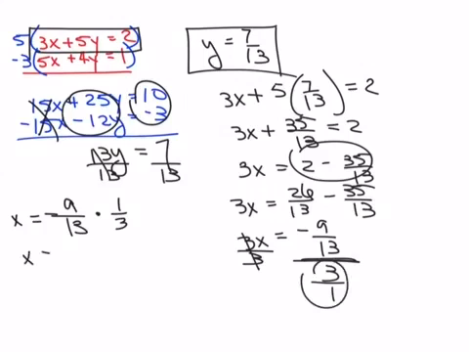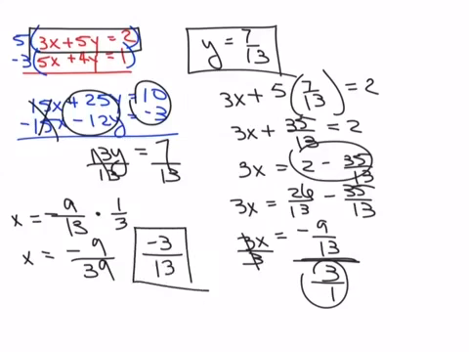So x equals negative 9 over 39, which, if you were to try to reduce that, 3 goes into 9 3 times, 3 goes into 39 13 times. So when y is 7/13, x is negative 3 over 13.